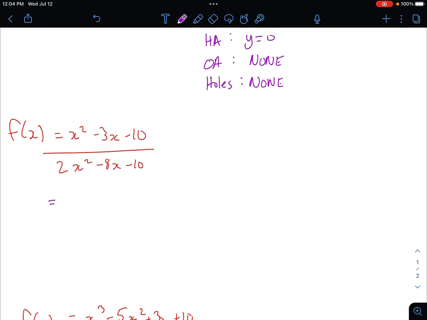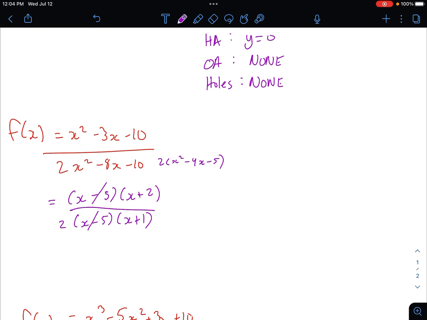So when we're factoring this one out here, a quick factor of this would be that this is x minus 5 and x plus 2. And the bottom here I could factor out a 2, and you're left with x squared minus 4x minus 5, which means x minus 5, x plus 1.